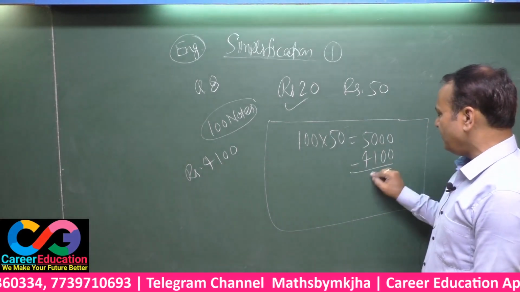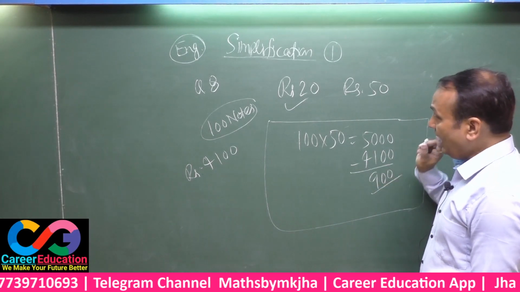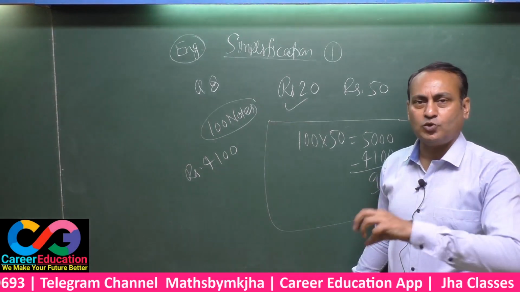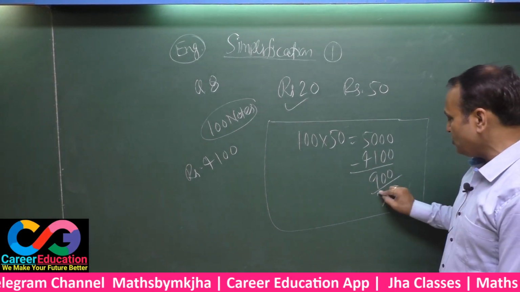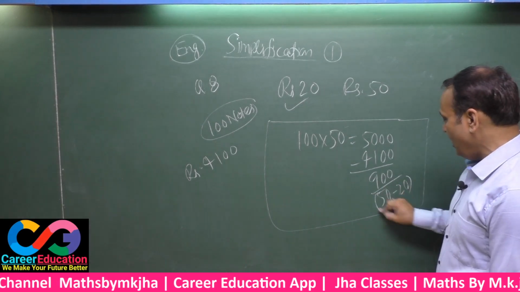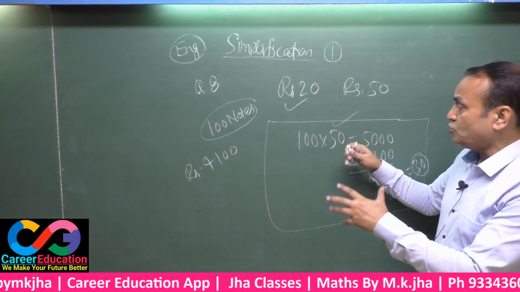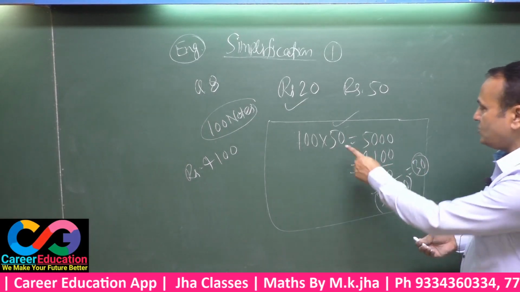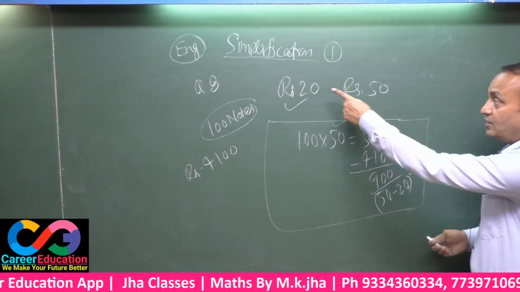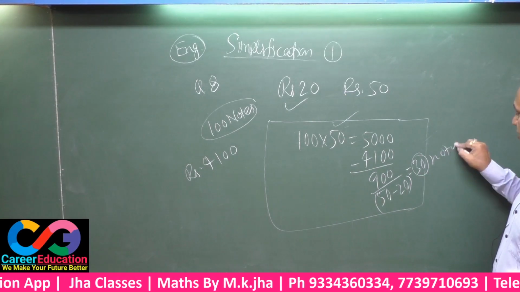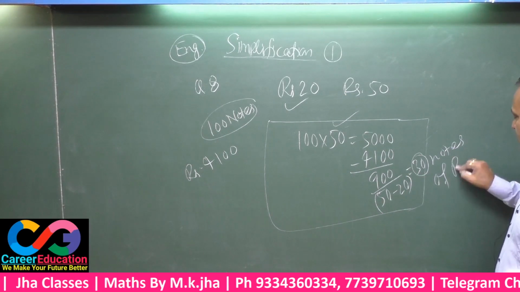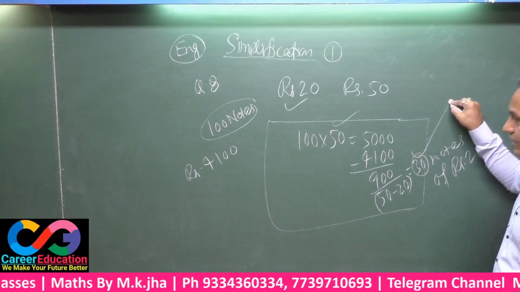You must get the difference here, that is 900, and this must be divided by the difference of the two denominations. That means rupees 50 minus rupees 20, this is 30, and 900 divided by 30. Since you have supposed all notes are 50, certainly this will be the answer of the opposite. That means 30 notes are of rupees 20 denomination. This is your final answer.